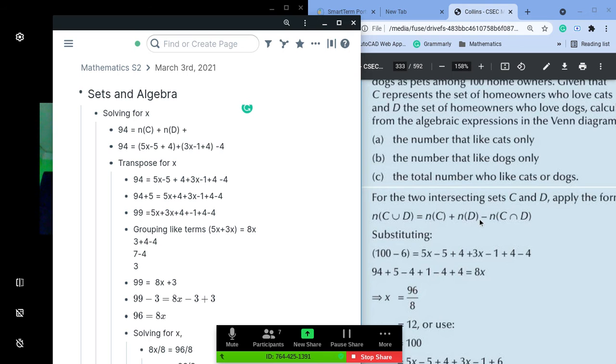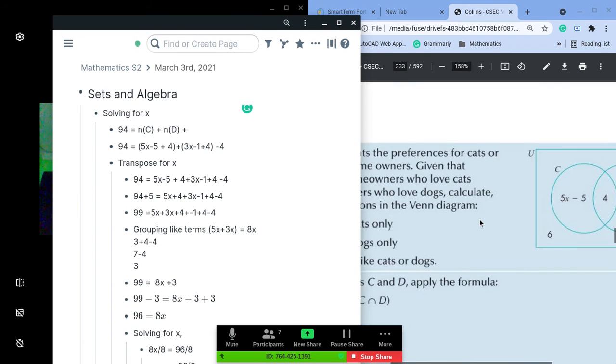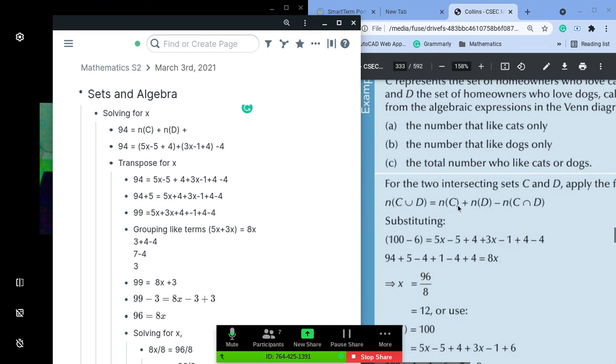And we said that the components of everybody in that Venn diagram was the persons who like cats, NC, plus the number of persons who like dogs, ND, minus the number of persons who like cats and dogs.